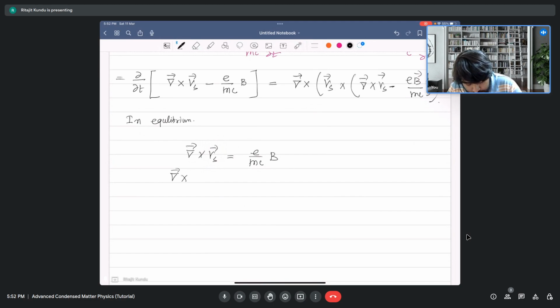So curl of minus E Ns Vs, and also on the right hand side I will do the same, minus E square Ns by MC and B. Okay, so the left hand side becomes curl of current Js equal to minus E square Ns by MC times B. Okay, so this is one London's equation.